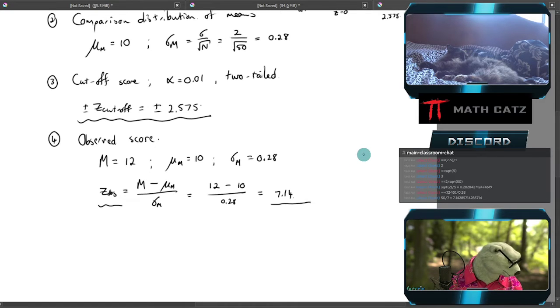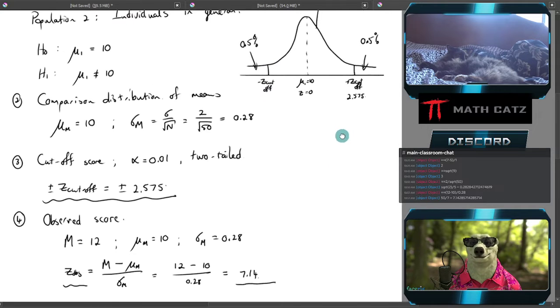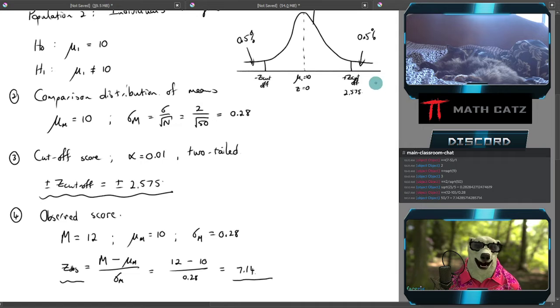Did I do that right? 12 minus 10 over 0.28. Okay. So our observed score, z observed, is much, much greater than, in this case, the right cutoff.